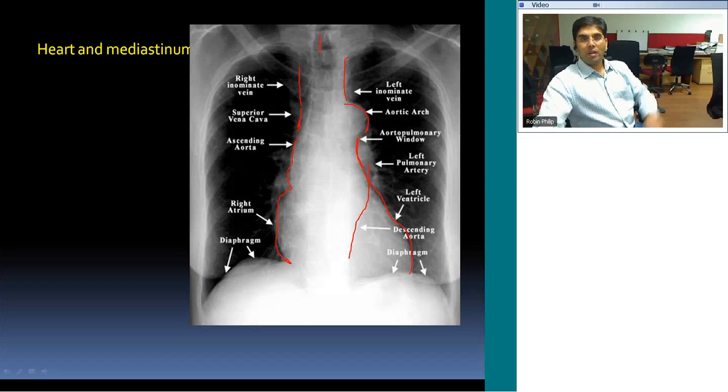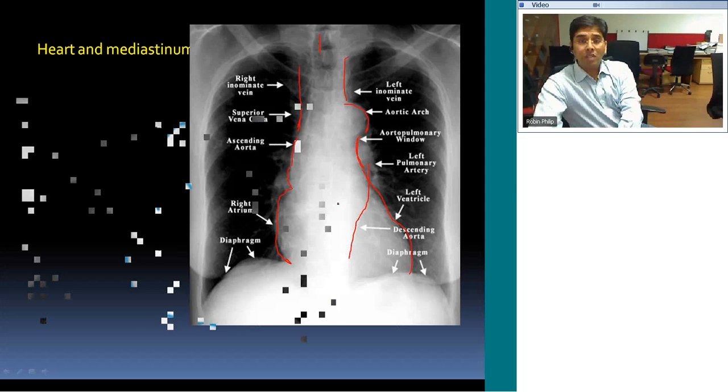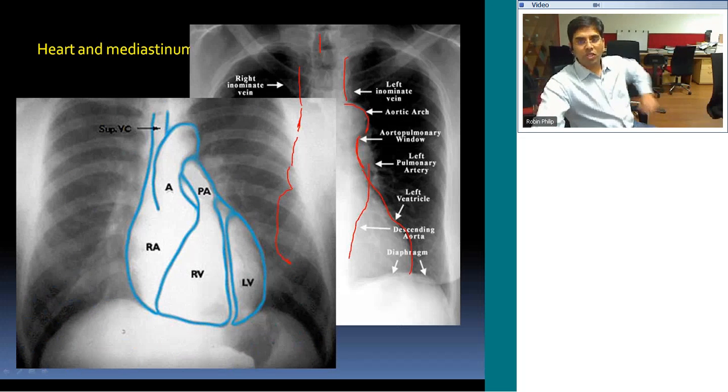Right. Now the cardiac anatomy, what constitutes these borders. You can see the right heart border, the SVC, and then the lower right heart border is predominantly formed by the right atrium. The right ventricle is not depicted on the AP radiograph. So it's anterior, hence we do not see it.